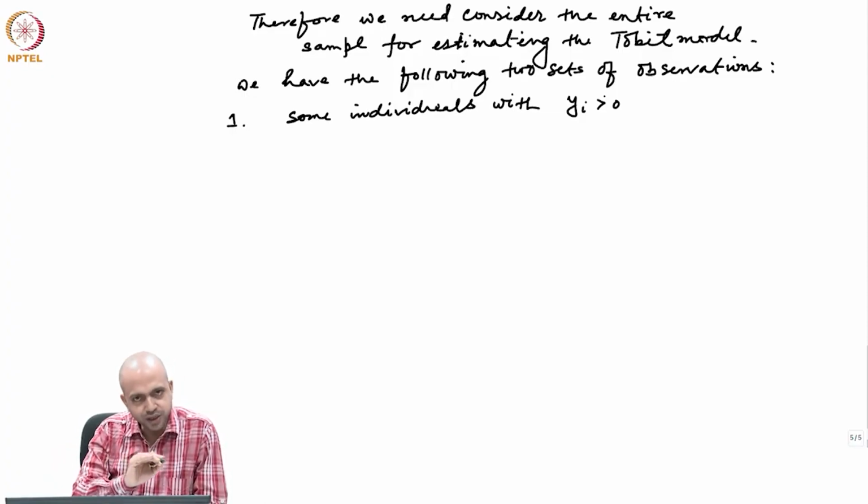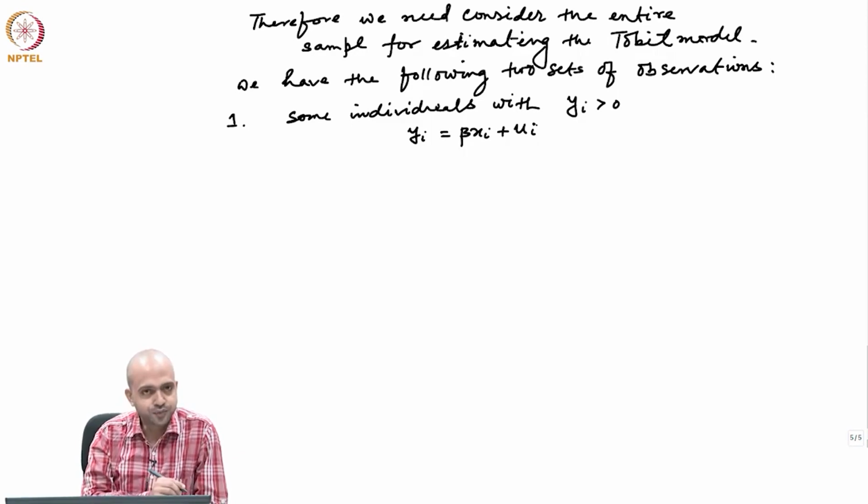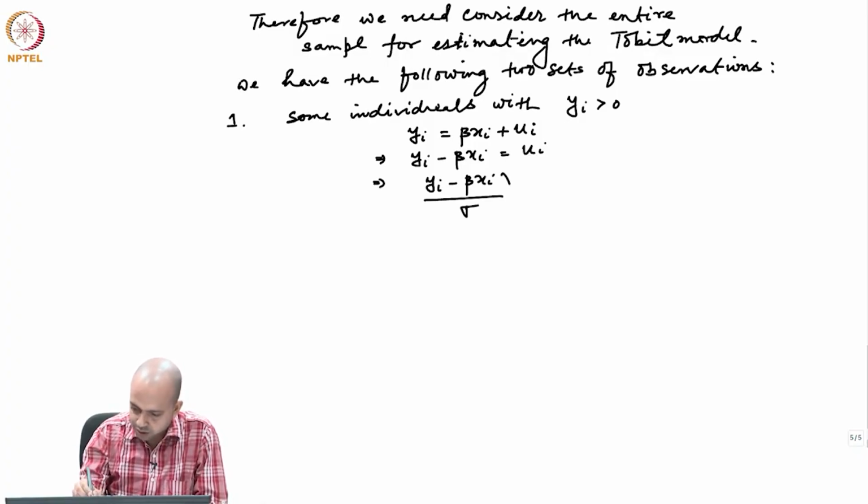So, that means we can easily observe the function which is yi equals beta xi plus ui, and then that implies yi minus beta xi equals ui, or yi minus beta xi by sigma equals ui divided by sigma.